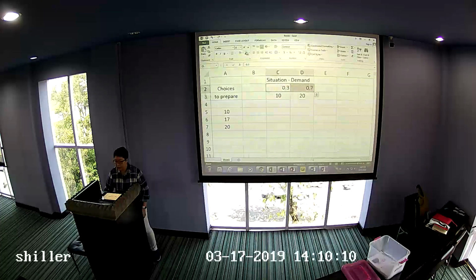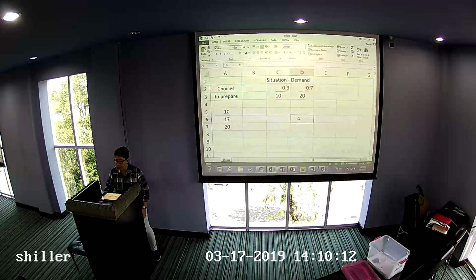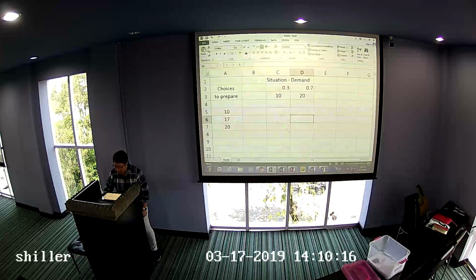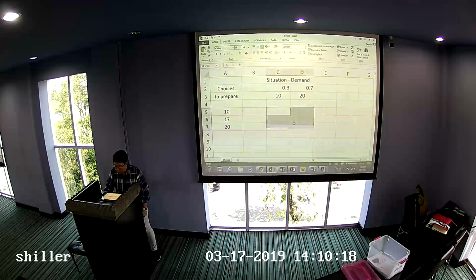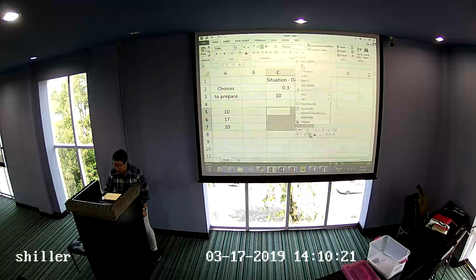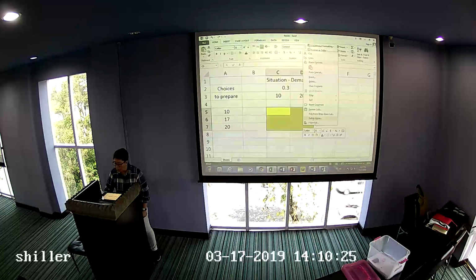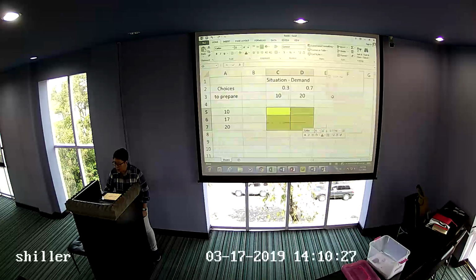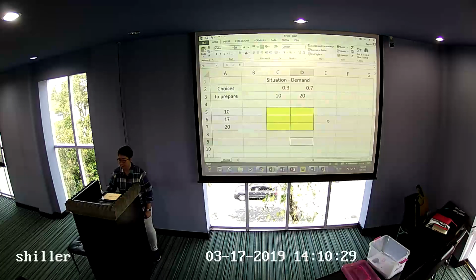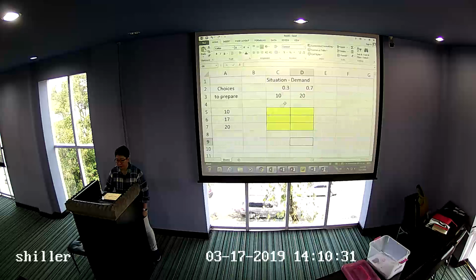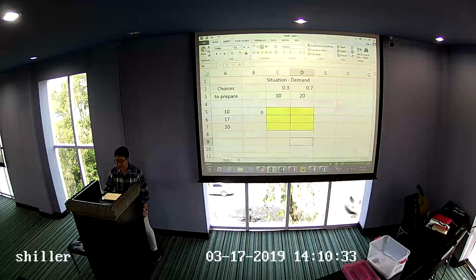I will just put it in red so you'll understand. Now, I need to put amounts here. What did I tell you? What amount should I put in here? Yes, correct. I need to put profit. How will I know what is the profit? Okay, so let's see. The first one is this amount here.